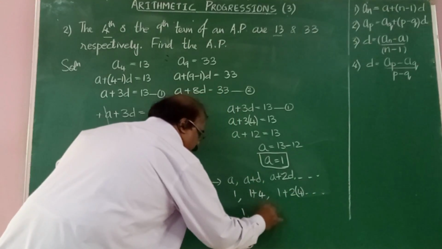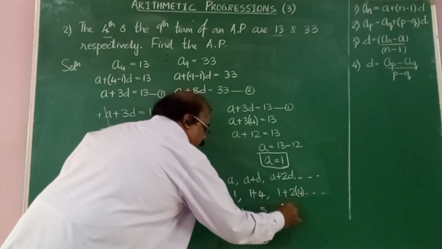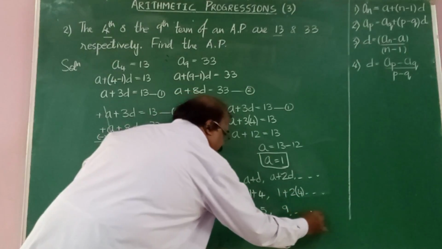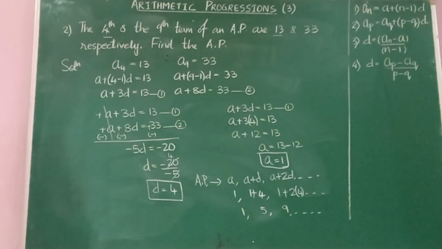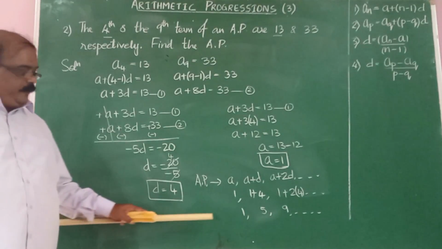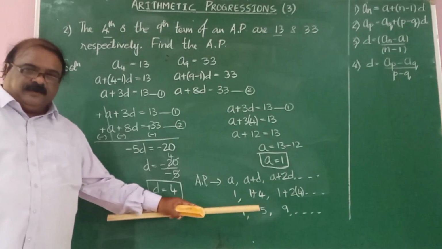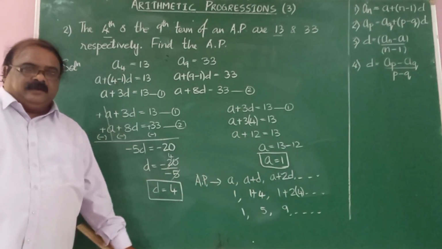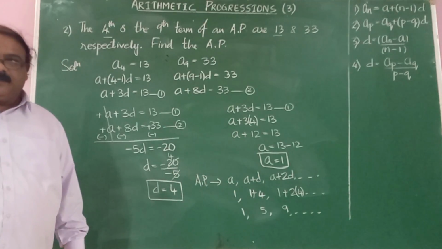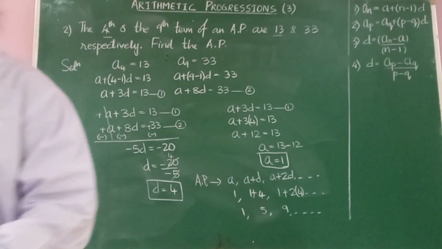So you get 1, 5, 2 4s are 8 plus 1, 9 and so on. So last statement, therefore the arithmetic progression is 1, 5, 9, etc.